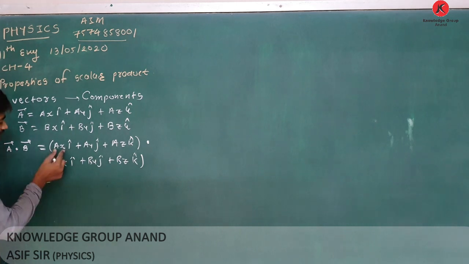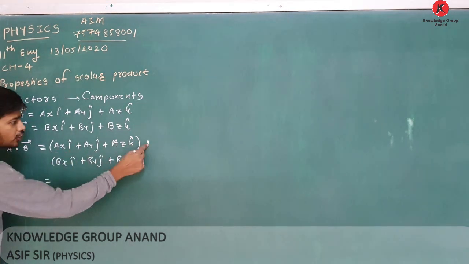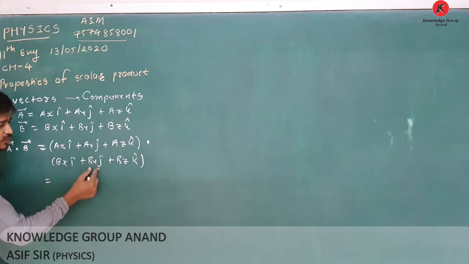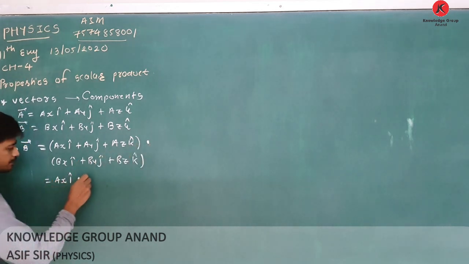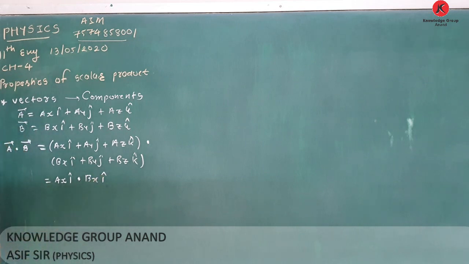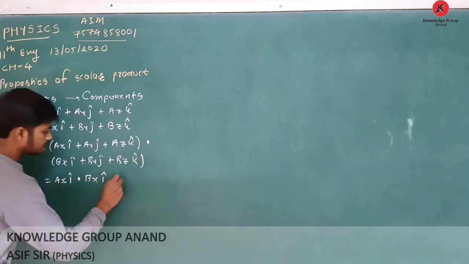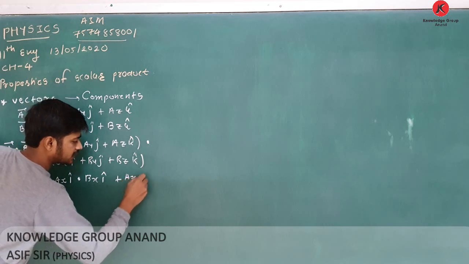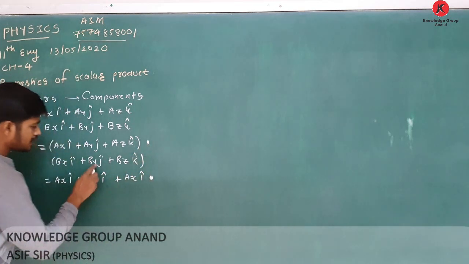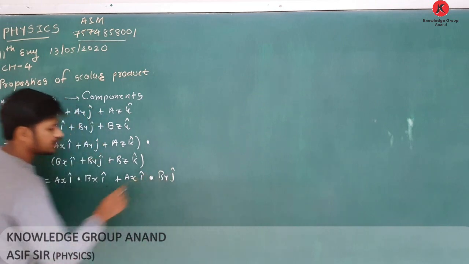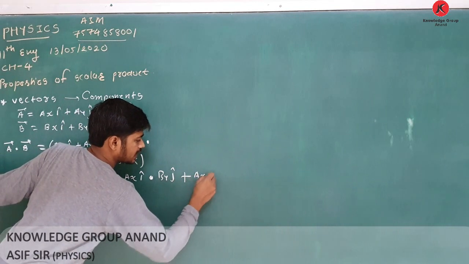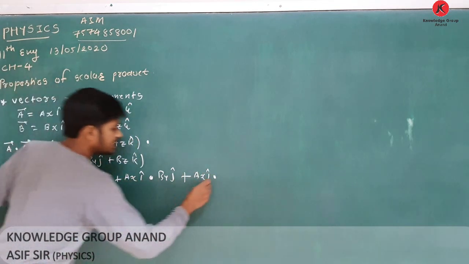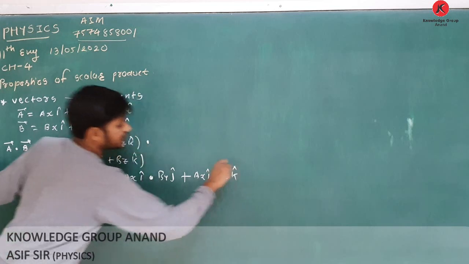First of all, we will multiply Ax i dot with Bx i, with By j and with Bz k. So Ax i caret dot Bx i caret, plus Ax i dot By j, plus Ax i caret dot Bz k caret.